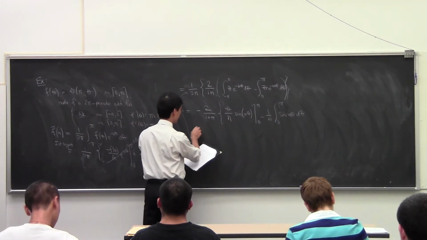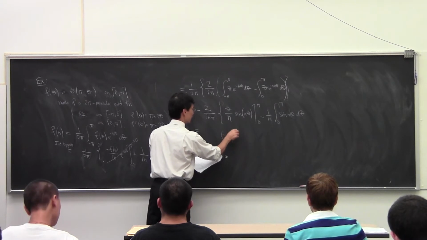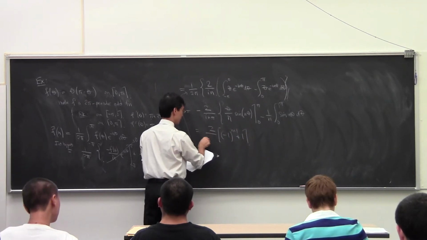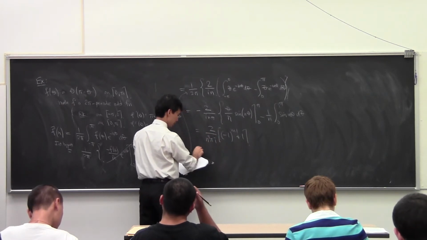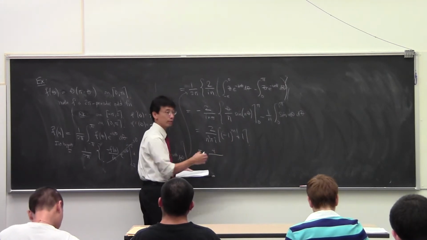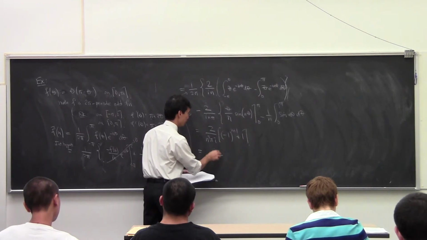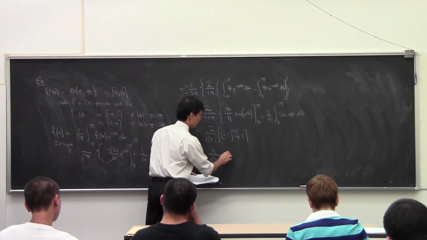Which turns out to be negative 1 to the n plus 1, plus 1, times 2 over n cubed pi i, which is going to be 0 if n is even, and if n is odd, then you get 4 over n cubed pi i.